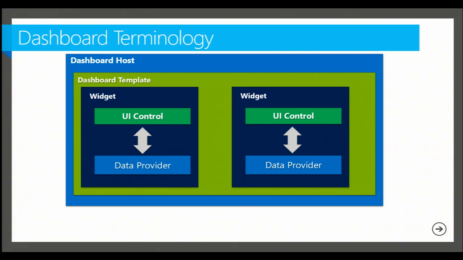A UI control can be a line control, a bar chart or a pie chart. When you bind this data provider to the UI control, that is what we call a widget today. And Eugene is going to talk a little more about how you can extend some of this functionality to build your own data providers and your own chart controls as well.